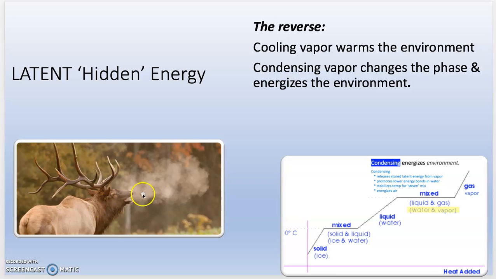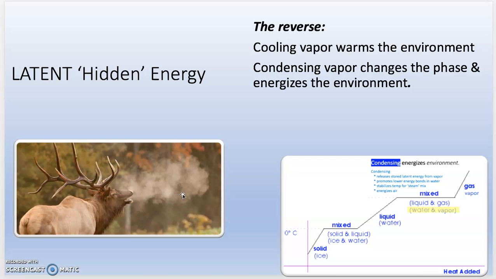The elk here exhales and moves out its warmer breath full of water vapor. It's the gas moving out of the elk's mouth. As it moves farther away into the cold air, the gas will release its energy into the cold air. In doing so, it will start to condense and you will see the cloud.